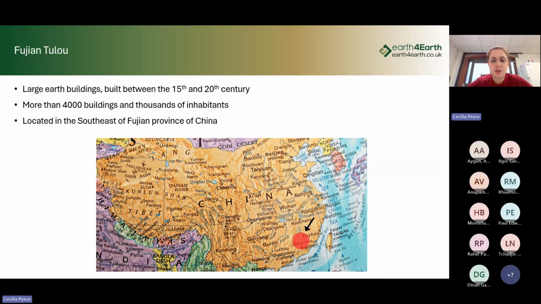It's a region in China, in the southeast of China. The Tulous are these large earth buildings, and they were built between the 15th and 20th century. We can count more than 4,000 of these types of buildings, which would house thousands of people.